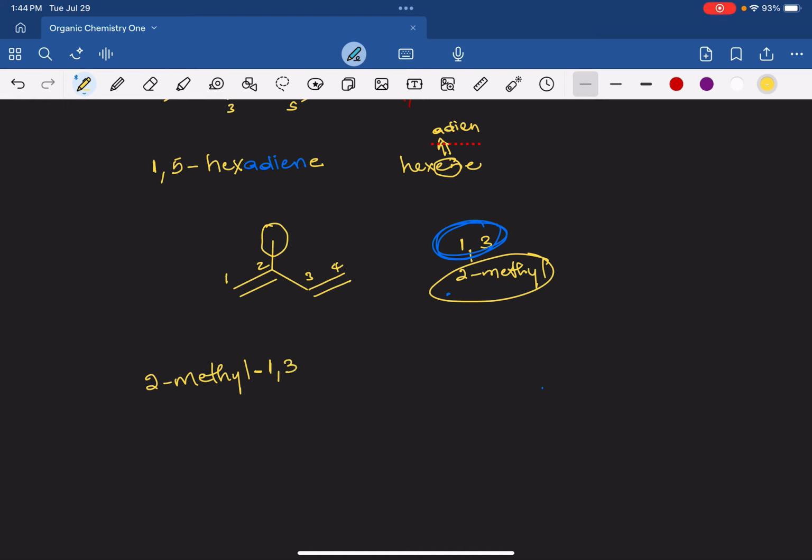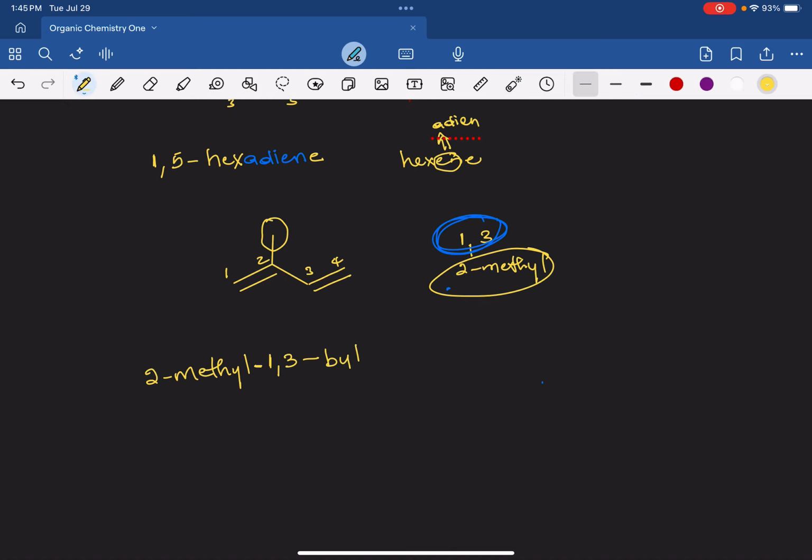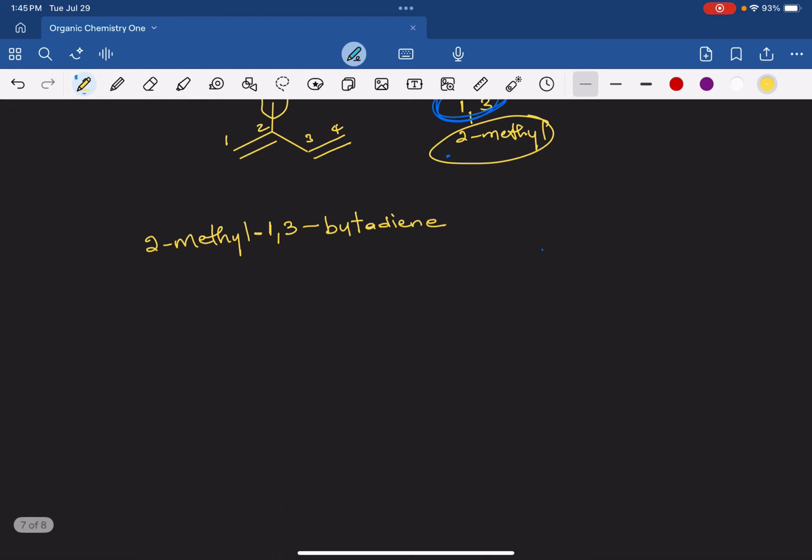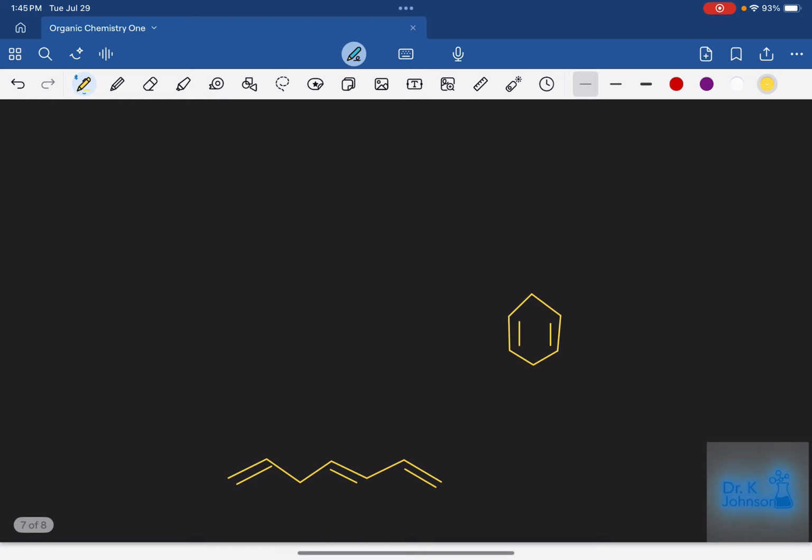There's one between 3 and 4. Take the lower set of numbers, 1 and 3, and it's going to be 4 carbons in my longest chain. So it's going to be but. Instead of writing "ene", you write "adiene" and the E at the end. So 2-methyl-1,3-butadiene.